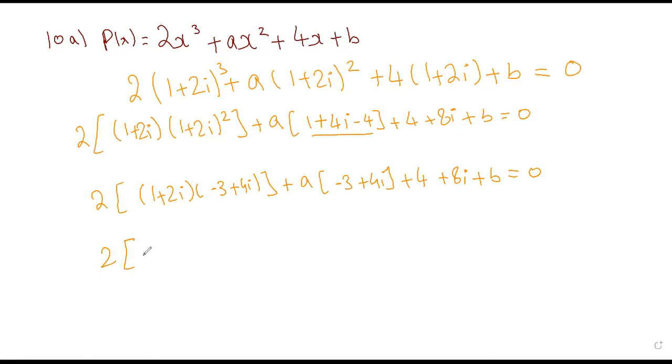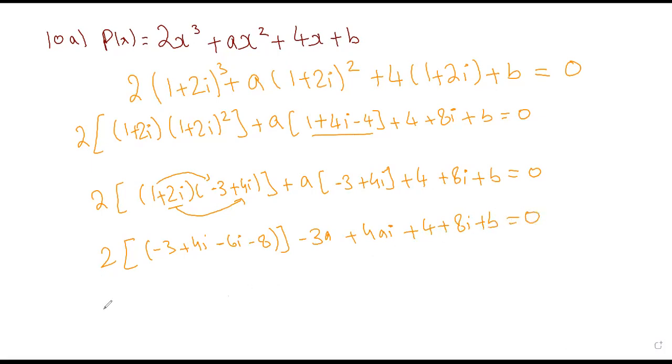Then 2 into 1 into minus 3 is minus 3 plus 4 iota. 2 iota into minus 3 would be minus 6 iota, and 2 iota into 4 iota would be 8 iota square, that would be minus 8, right? Minus 8, yes. And then minus 3a plus 4a iota plus 4 plus 8 iota plus b equals 0.